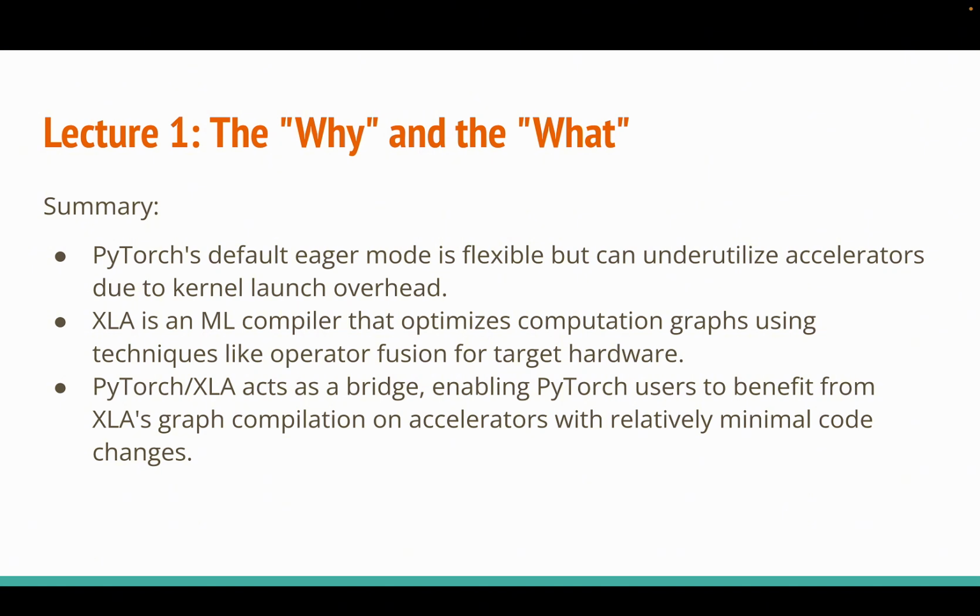And PyTorch XLA acts as a bridge that enables PyTorch users to benefit from XLA graph compilation on the accelerators with relatively minimal code change. Remember that we only changed a few lines of our original code to enable it to run on TPU.